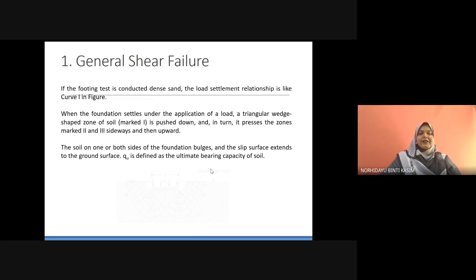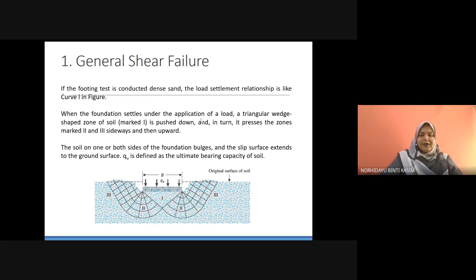So this is the explanation of the general shear failure. When you have a load, Qu is the ultimate bearing capacity of soil.